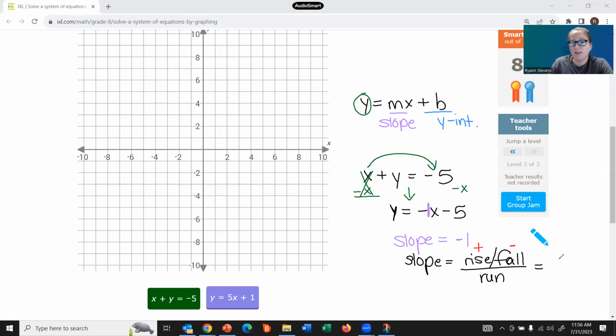So now we have a -1 as our whole number, but remember, as a whole number, we can write this as a ratio over the number 1 as well. And then our y-intercept is going to be at a -5. So we know that our x is 0 and our y is -5.